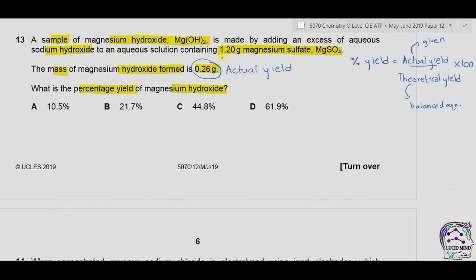Now let's find out how much magnesium hydroxide is formed from 1.2 grams magnesium sulfate. That will be the theoretical yield. Let's write the balanced equation between magnesium sulfate and sodium hydroxide. It forms magnesium hydroxide and sodium sulfate.